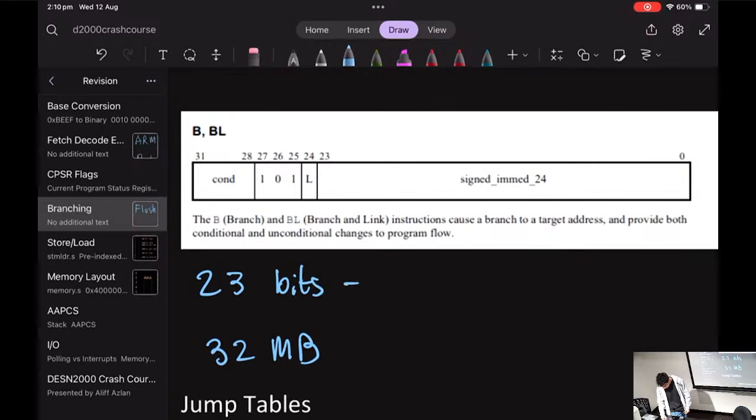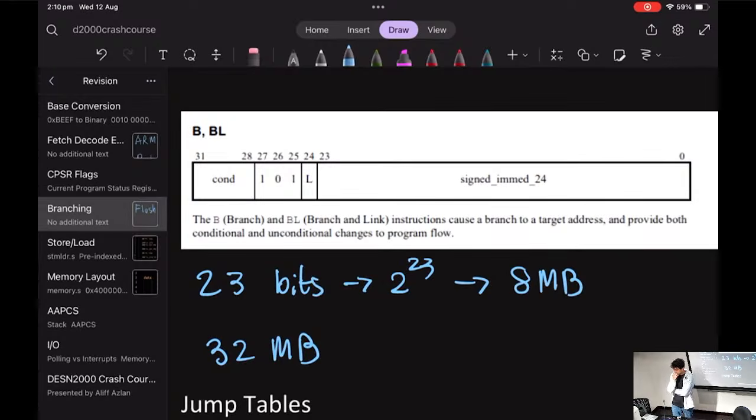So if you calculate this, we have 2 to the power of 23, which is, let's see, hold on, 2 to the power of 23, and let's convert that into, this ends up being 8 megabytes. Oh, well, that doesn't make sense.